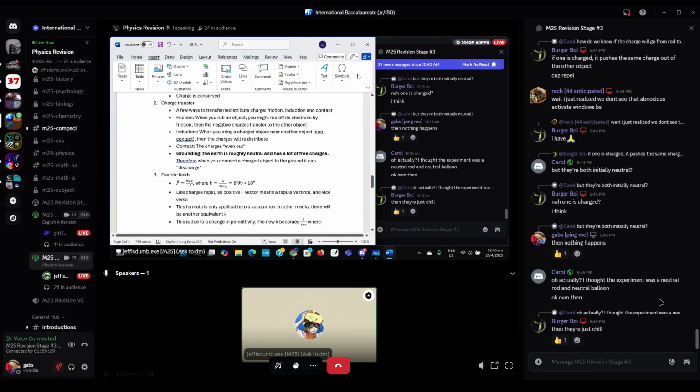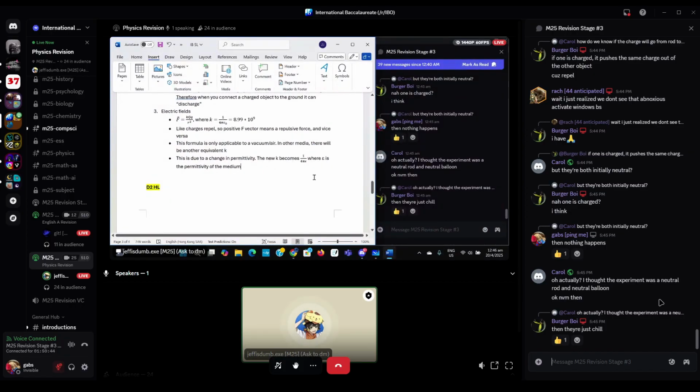Where epsilon is the permittivity of the medium. So let's say you have two point charges in olive oil, then the force between the two point charges will be different to when you have these two point charges in air.